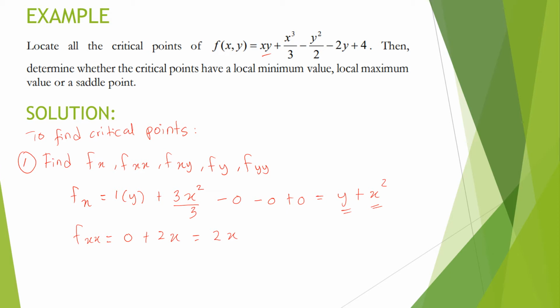Next, find fxy. Now differentiate our fx with respect to y. Differentiate y with respect to y comes 1. Differentiate x squared with respect to y comes 0. So equals 1.